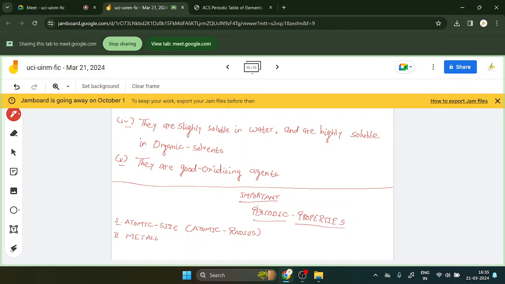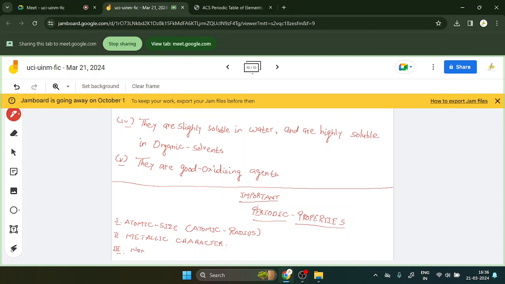This is also an important periodic property. We will see what happens to the metallic character when we go down the group and along the period.